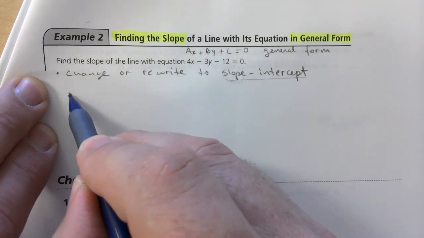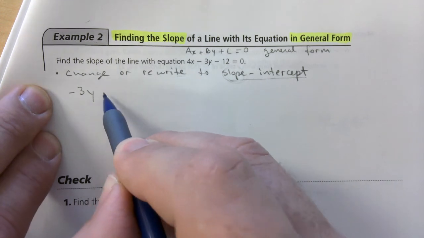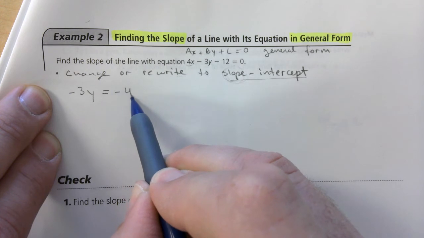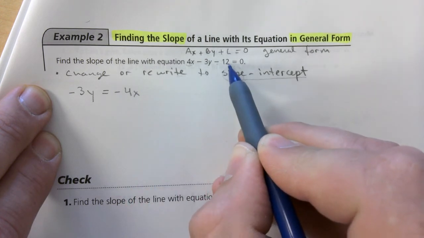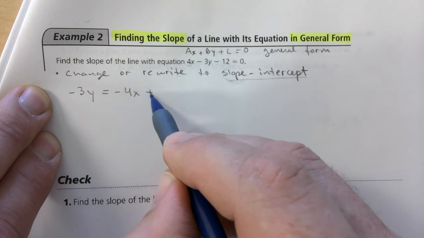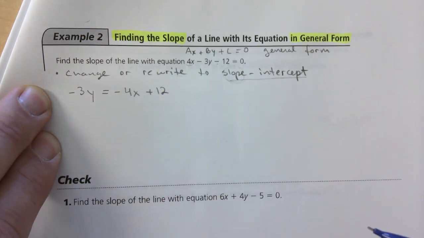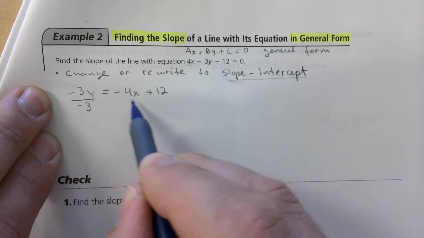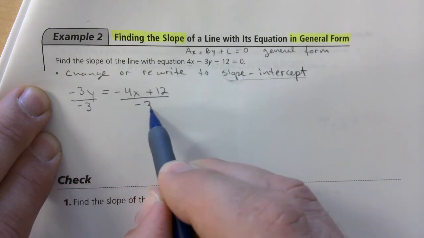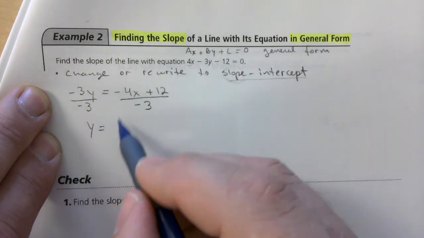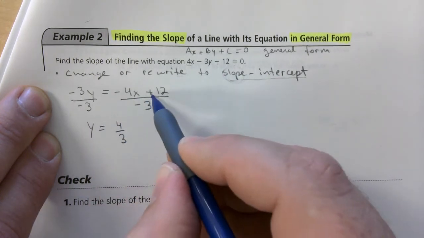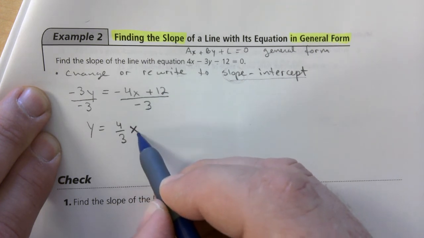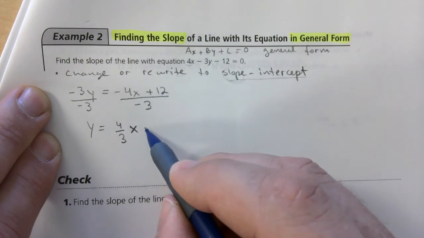So we go -3y is equal to, you take the 4x, you bring it over, it goes negative. You take the -12, you bring it over the equal sign, it turns positive. Then you divide both sides by that -3 because you want to isolate. And you end up with y is equal to 4/3 x, oh, I forgot my x here, don't forget it. 12 divided by -3 is -4.